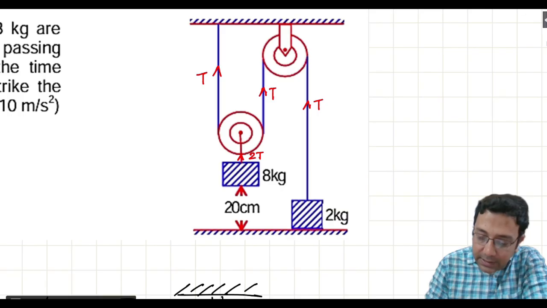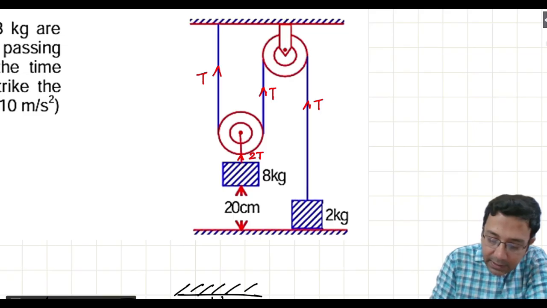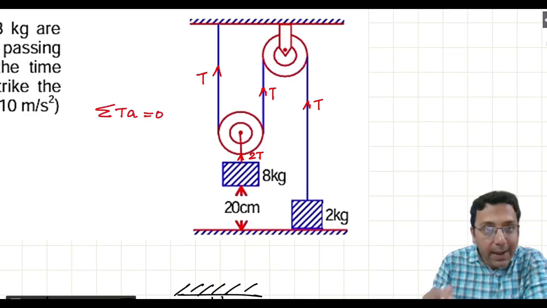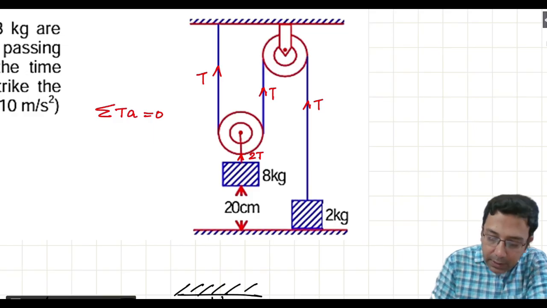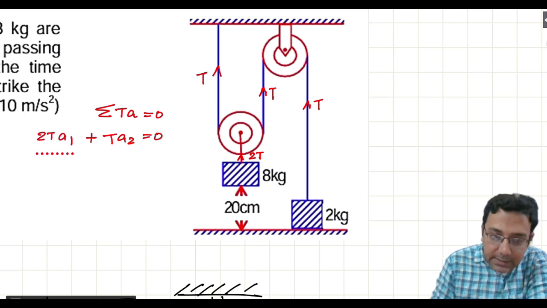If I say that here sigma T into a is 0, as we have got there, so 2T into a1 plus T into a2 is 0.